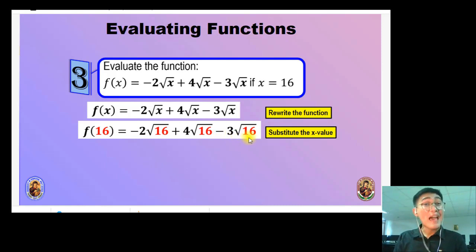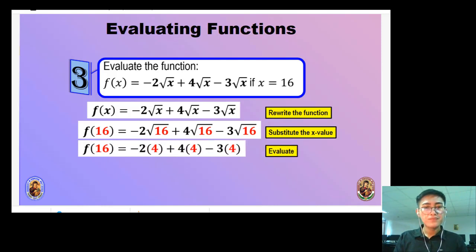We all know, guys, that the square root of 16 is positive 4. You can do it manually or you can use the calculator to find the square root of a certain number, especially when the number gets more complex. So we need a calculator to get the square root or any operation that we want there.